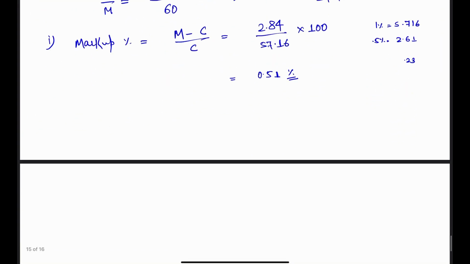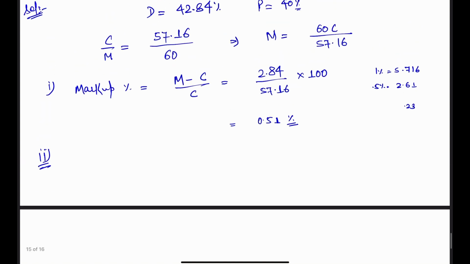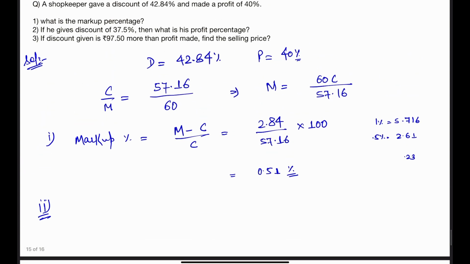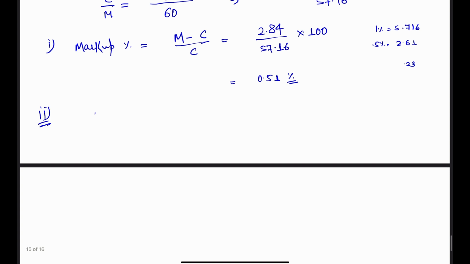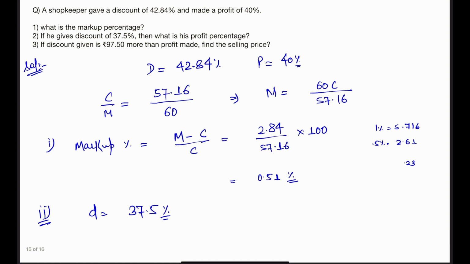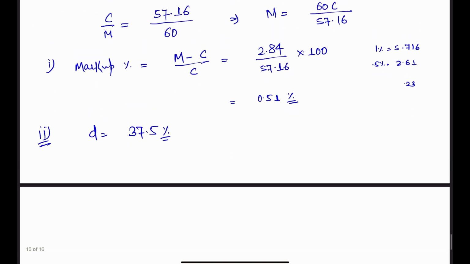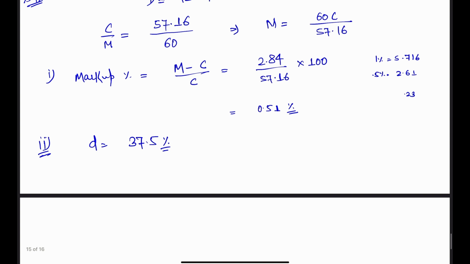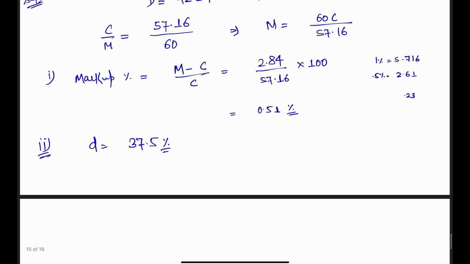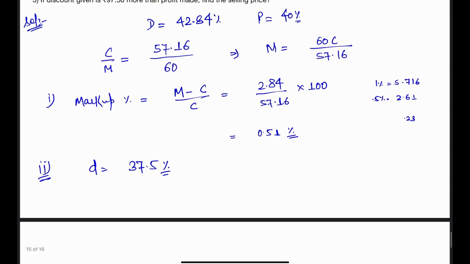The second question is, if he gives a discount of 37.5%, so the discount is changing now to 37.5%. The discount is changing, but then what is the profit percentage? So the discount is changing, so can we use the same formula?